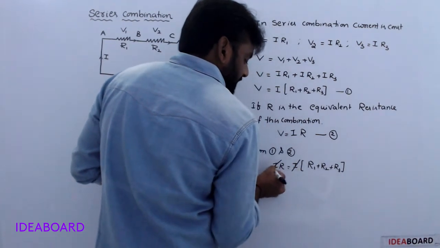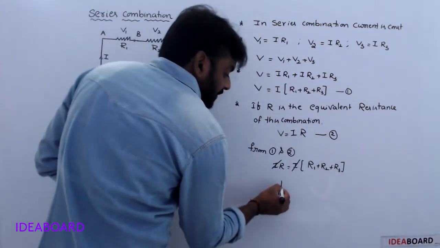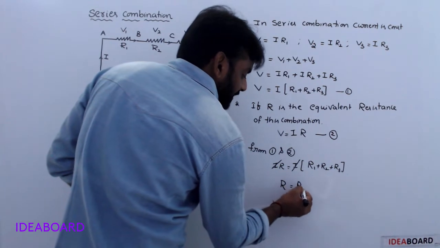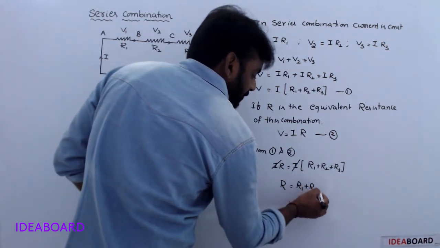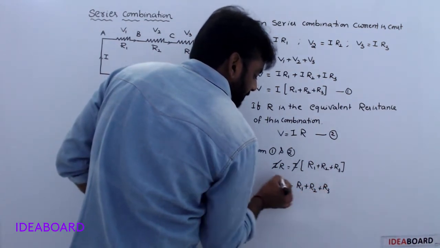On both sides, which one cancels? I cancels. So in series combination, you simply add R1 plus R2 plus R3.